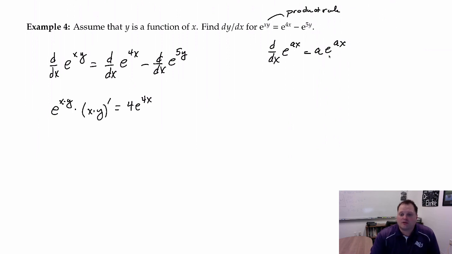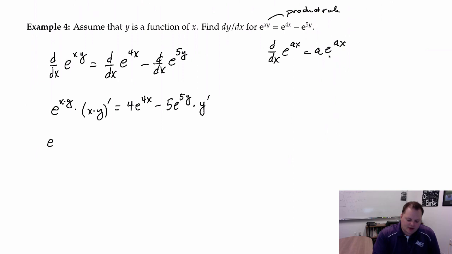That's a formula from previous in the class. And then minus, here we have 5e to the 5y, but rather than multiplying by the derivative of 4x, which is 4, you multiply by the derivative of 5y, which is 5y prime. So don't forget the y prime on that term.